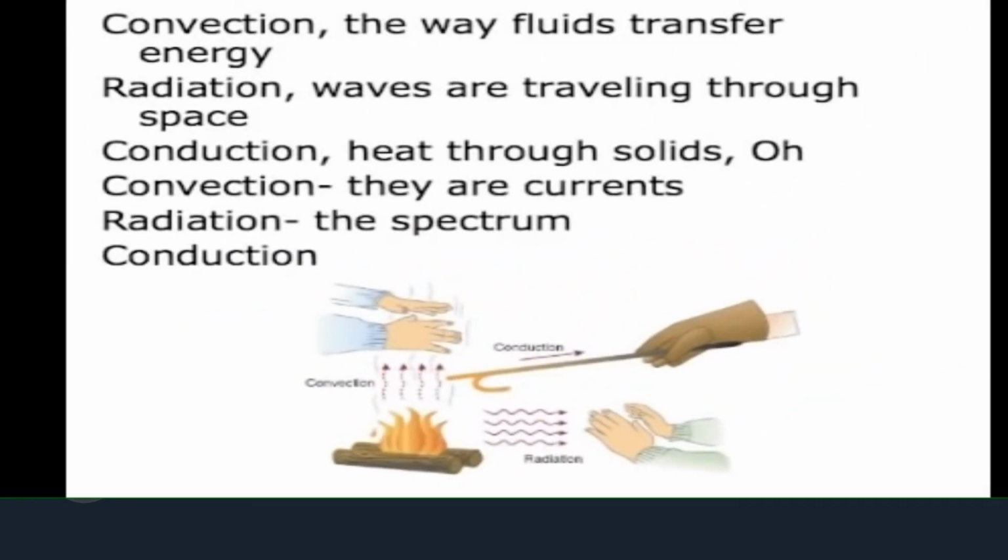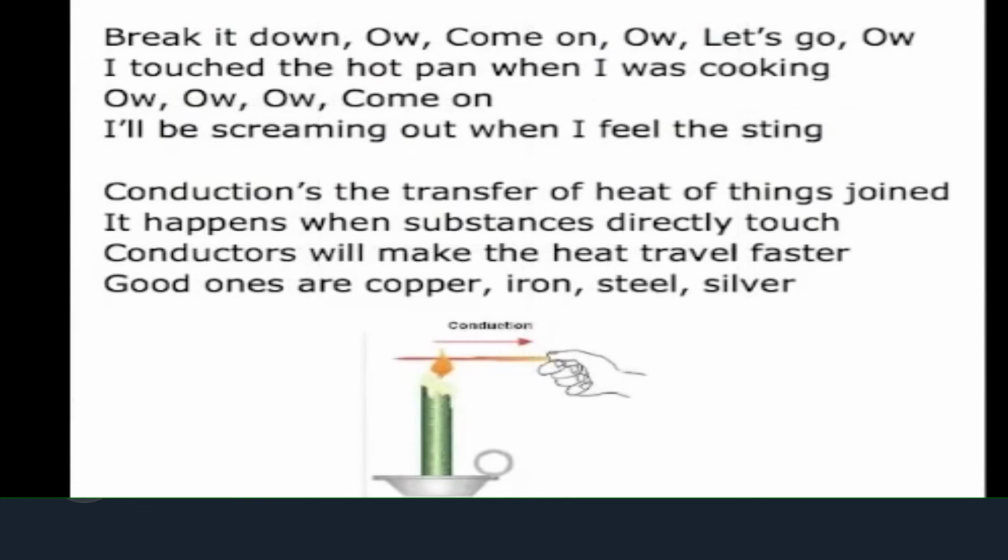Convection, the way fluids transfer energy. Radiation, waves are traveling through space. Conduction, heat through solids. Conduction's the transfer of heat if things join. It happens when substances directly touch.